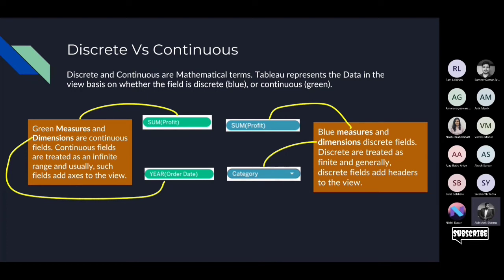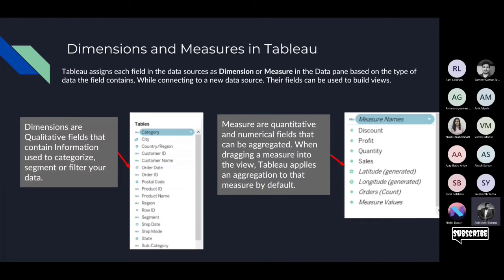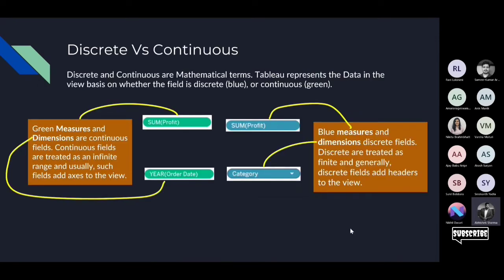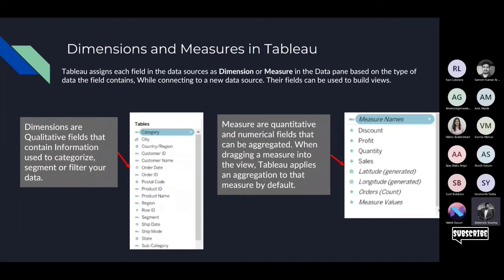Again, I don't want you to confuse between these two concepts. Dimensions and measures are a different concept. Not necessarily every dimension would be a discrete one. We just saw here this is a continuous dimension. And not necessarily every measure would be a continuous one.